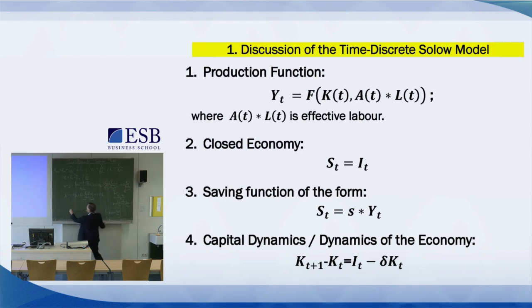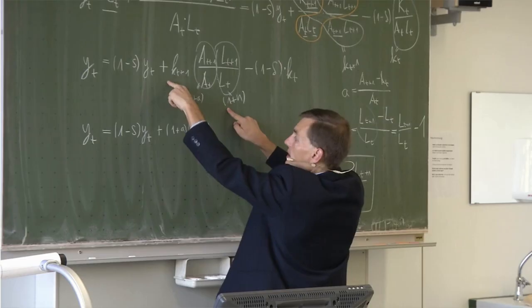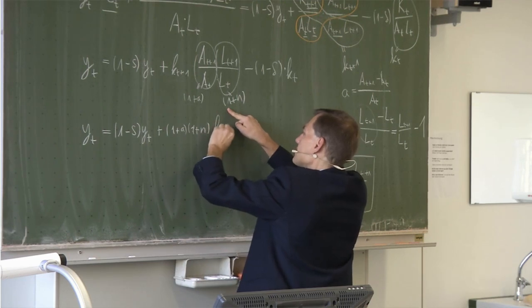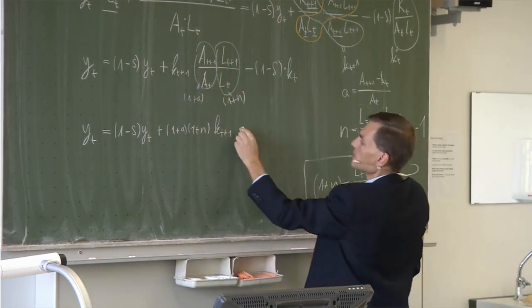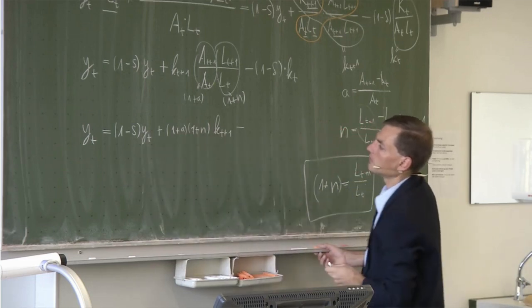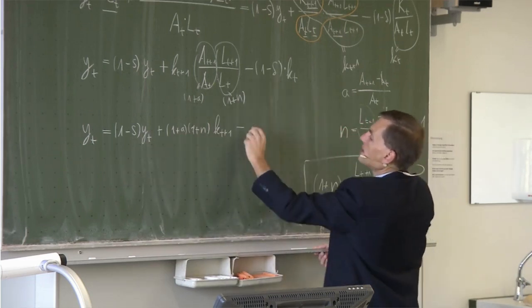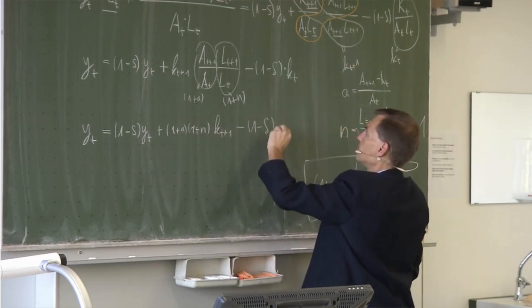So let's write it down. Still we have here yt, 1 minus s times yt, plus 1 plus a, 1 plus n times this kt plus 1. I just switch the order, which is possible because they're all multiplied, minus this term.